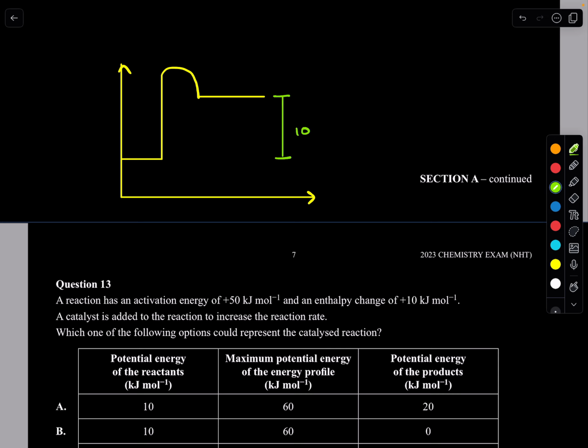We also know that the activation energy is 50, meaning the distance from the reactants to the maximum peak is 50. Now, this is an uncatalyzed reaction. If it actually gets catalyzed, so let's use a different color. Remember, it has the same energy of the reactants, but the difference is that the activation energy decreases.